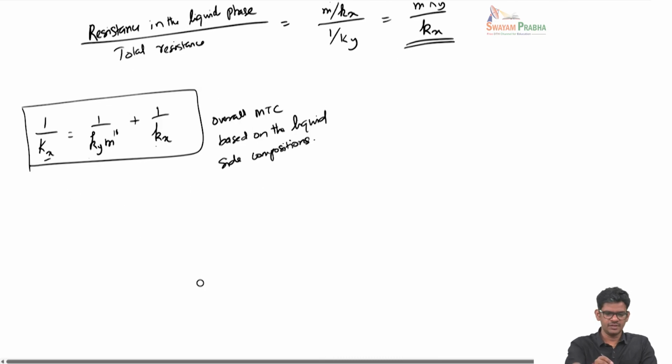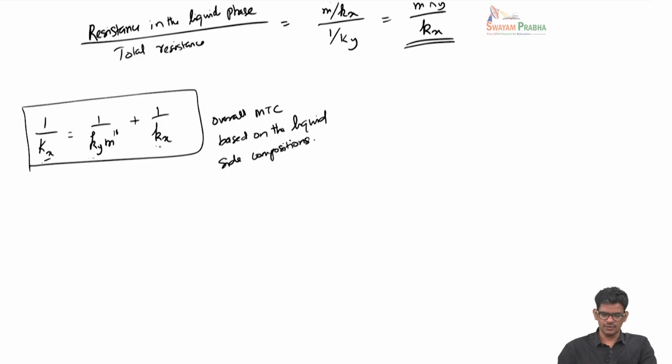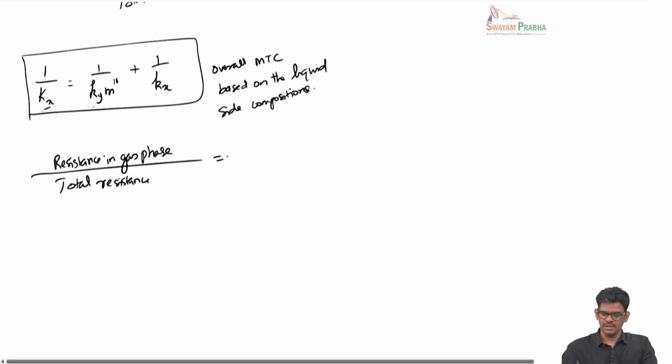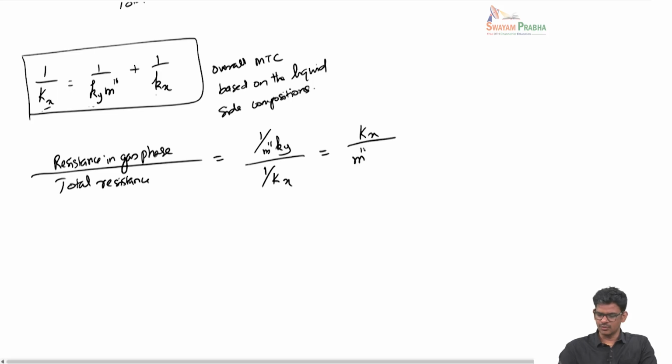So suppose you are given capital Kx, small ky and small kx, in this case also you can ask what is the resistance of the respective phases. In this case, resistance in gas phase over the total resistance is 1 by m double prime ky divided by 1 by Kx, or Kx over this.